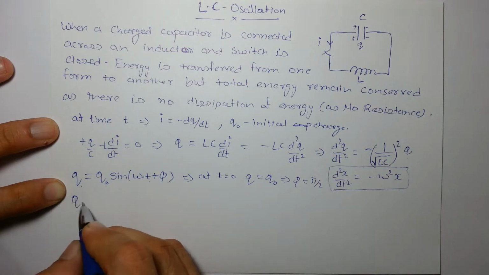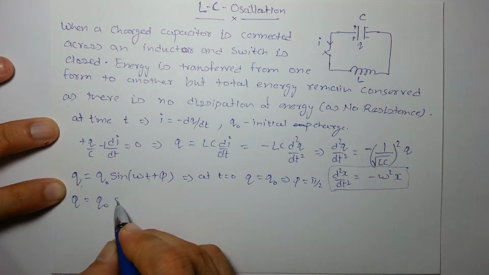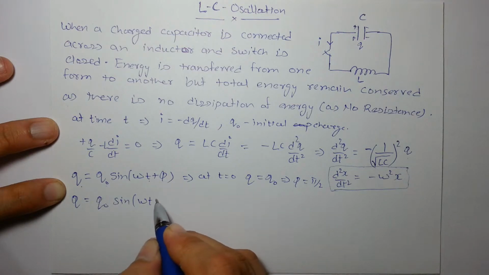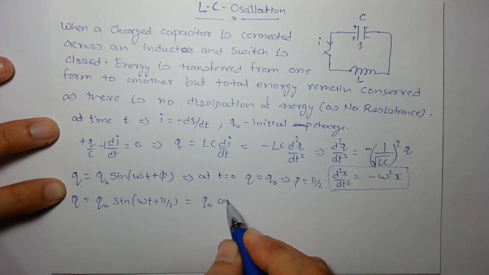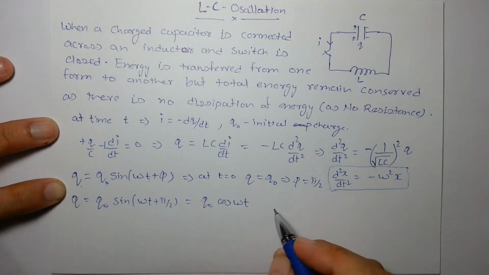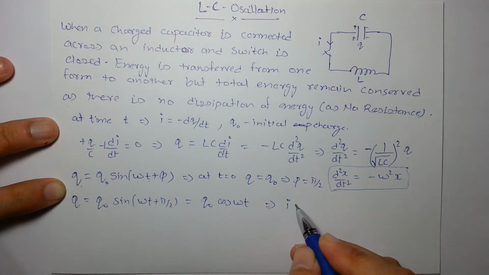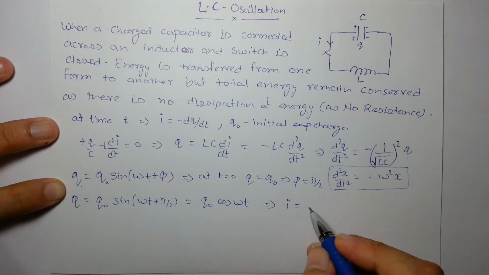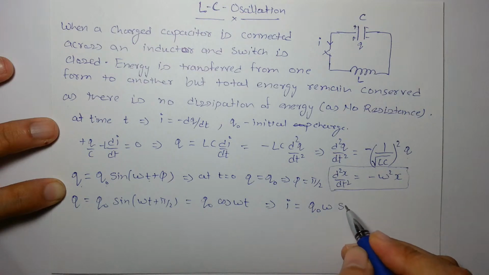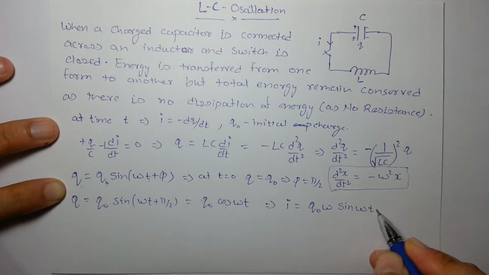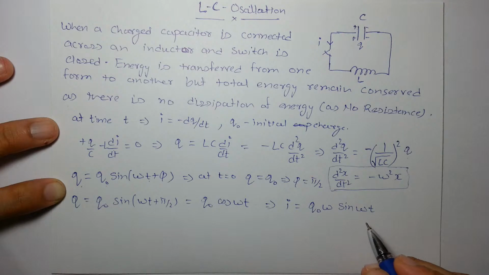So we have q is equal to q naught sine omega t plus pi by 2, which can be written as q naught cos omega t. Okay, and we have I as minus dq by dt. So I is nothing but q naught omega sine omega t. This is the equation for current.